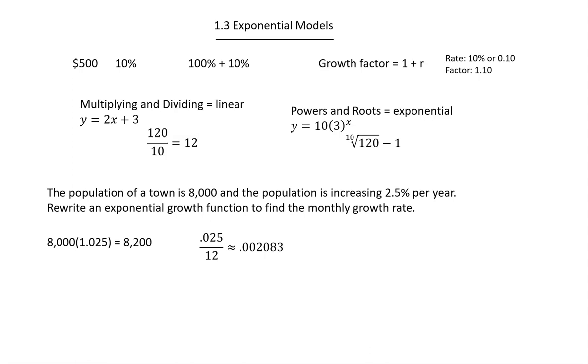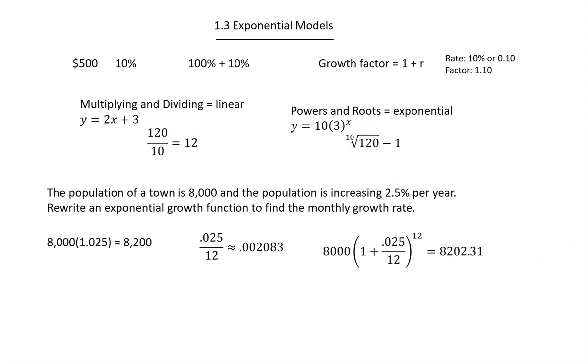So a mistake is to think I need to divide this 0.025 by 12 to get a monthly growth rate. Remember, if I'm dividing, that's linear growth. I need to use roots to find my exponential growth.